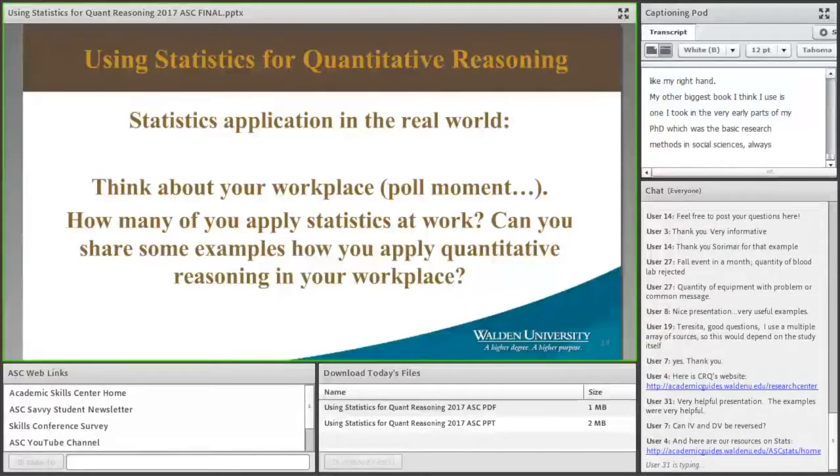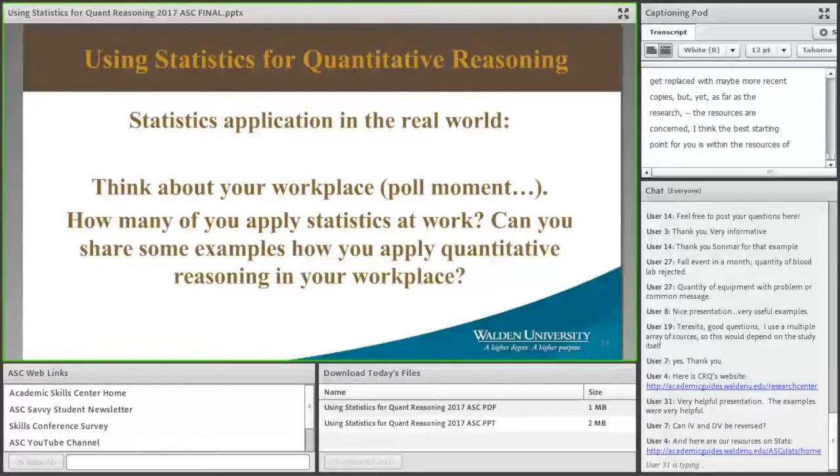You're talking about the Creswell book? This one is Frankfort-Nachmias and Nachmias. Oh, Nachmias. Yes. Mm-hmm. I'm not sure if that book still makes an appearance in the statistics courses. Once in a while they get replaced with more recent copies. But as far as resources are concerned, I think the best starting point for you is within the resources of the course.